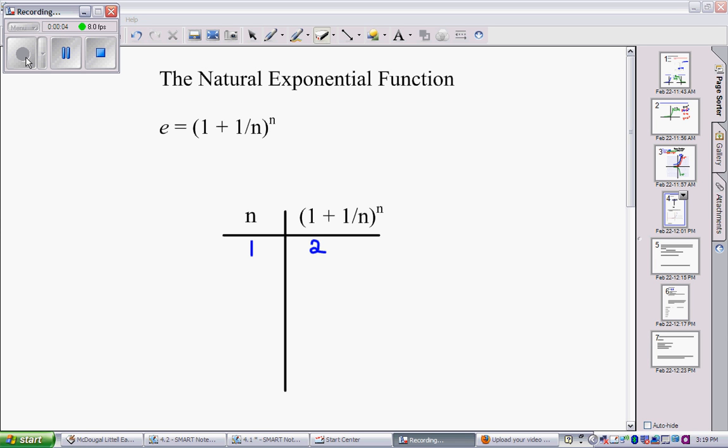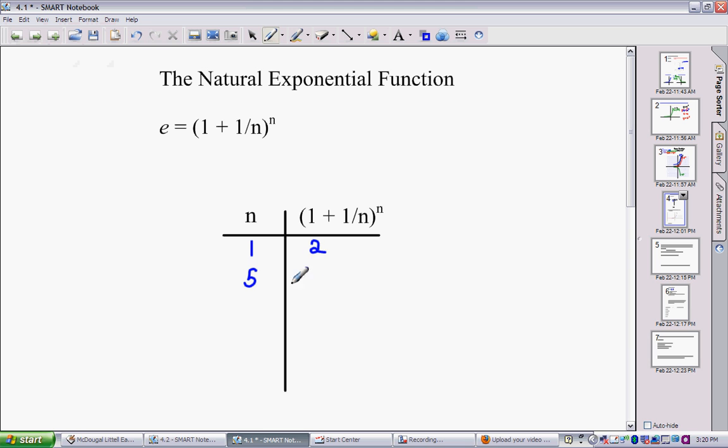4.1 Part 2, we're talking about e. When we plugged in 1 for n, we got out 2. When we plug in, let's jump up to 5, you get out 2.48832.